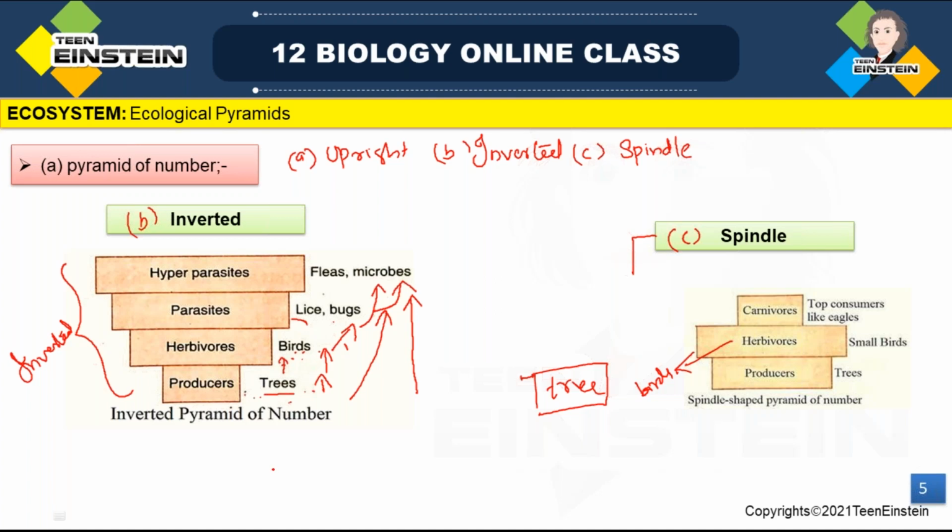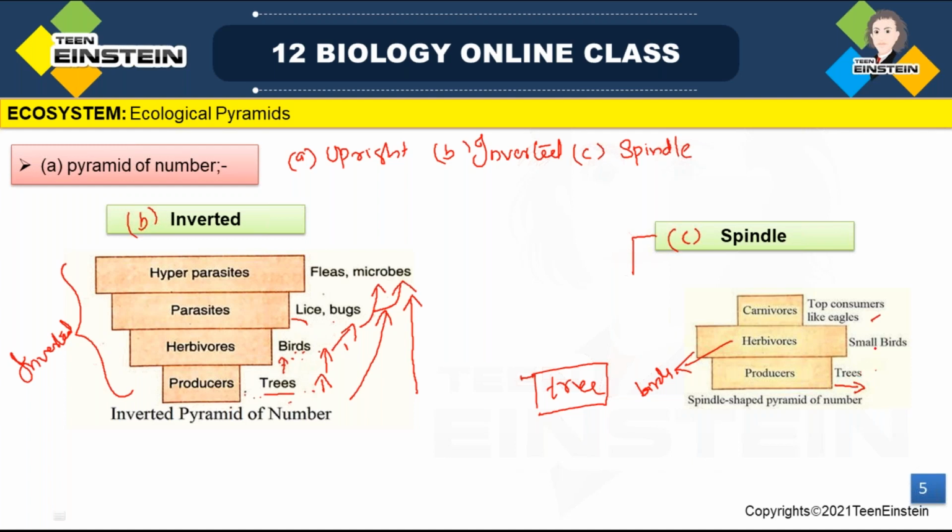Then these birds, these herbivores, are eaten by one or two hawks in that area, like one or two eagles or hawks. So what will be there? Here you can see first producers. Here they are trees. Trees are at the producer level.